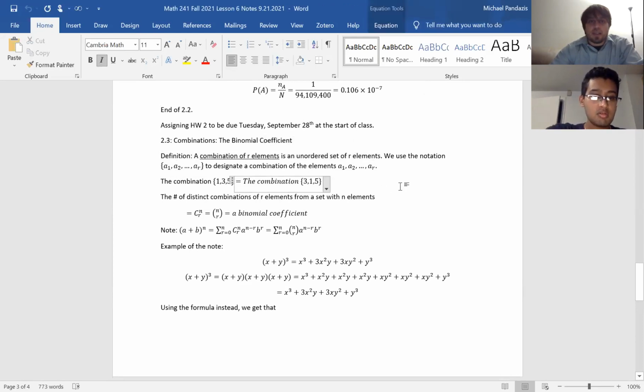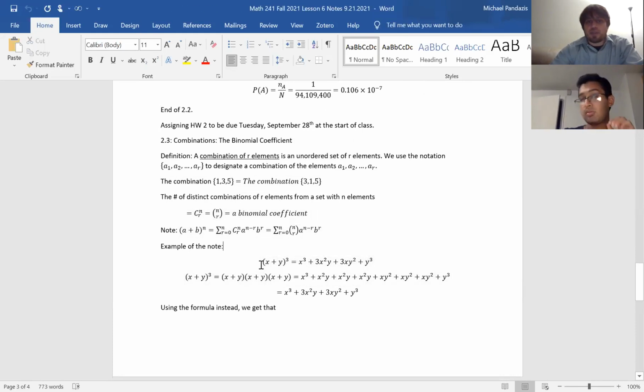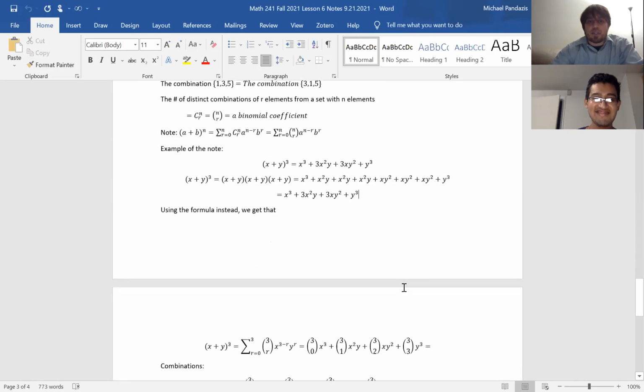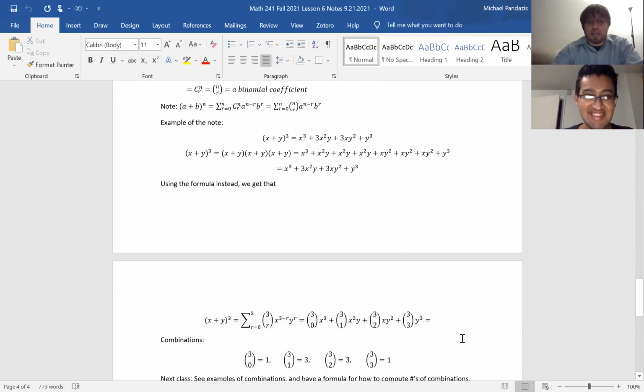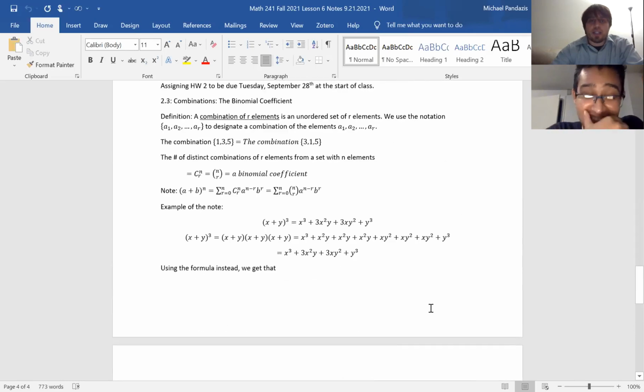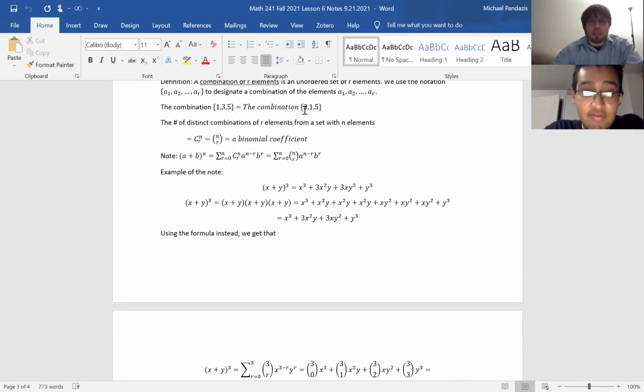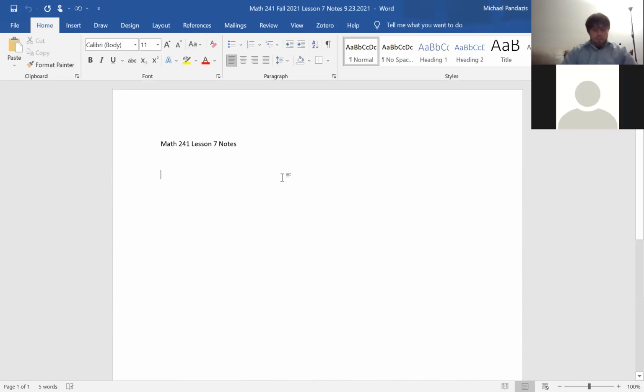I gave an example of why this is called a binomial coefficient: if you take x plus 3 cubed, you'll get an expression like this, and the coefficients are just these binomial coefficients. I told you the values of them. We're going to continue talking about combinations in this class and how to calculate them.